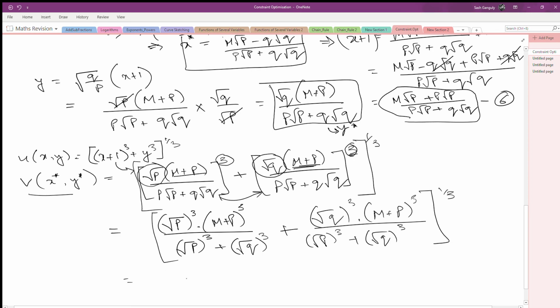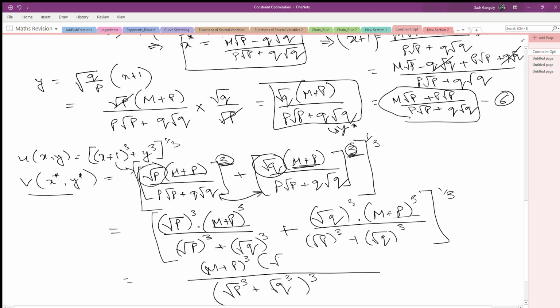Now clearly the denominator is the same, so I have root p cube plus root q cube, okay? And in the numerator I can take m plus p cube as common, so I have m plus p whole cube, right? And then I have in the denominator a cube of that, right? Because the entire thing is cubed for both, right?